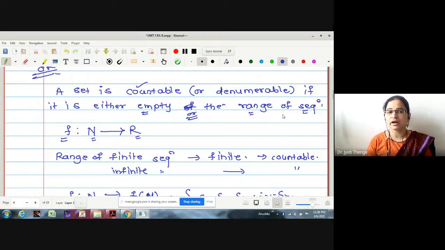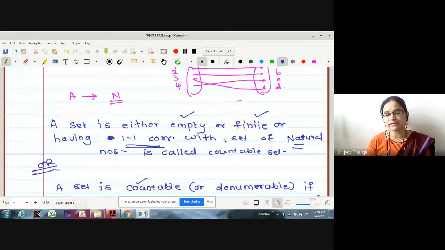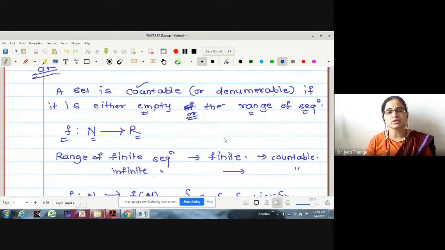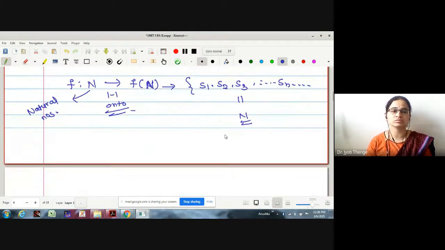Clear with the definition or not? Yes, ma'am. Good. Can anyone tell me examples of countable and not countable sets now?